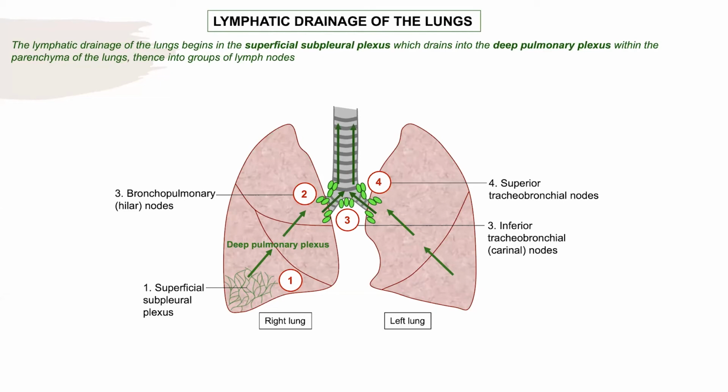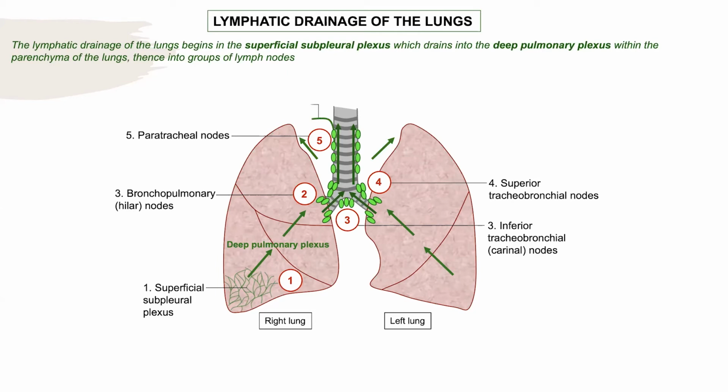Look at it. The lymphatic goes upwards, parallel to my trachea. So we should give it a similar name, and we call them paratracheal nodes. We can figure it out ourselves. Superficial to deep to bronchopulmonary, to the superior and inferior tracheobronchial, and then to the paratracheal nodes. This is how it traverses.